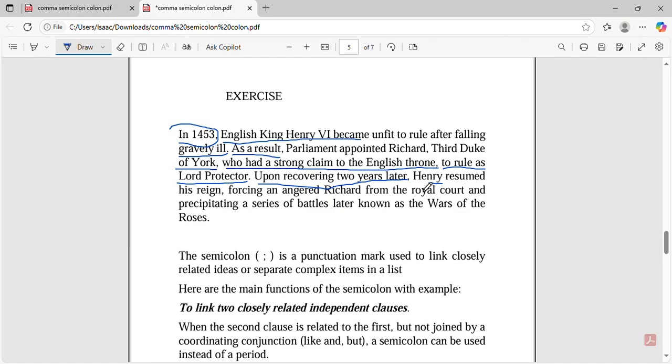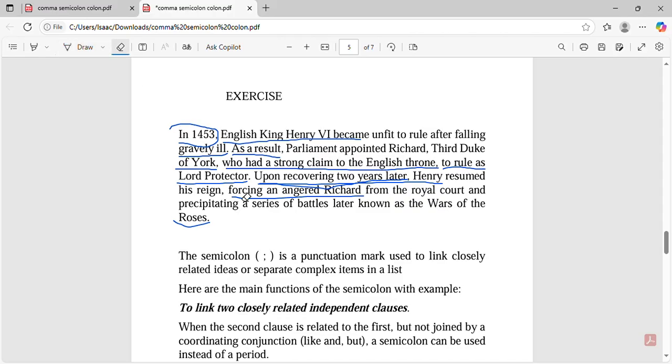So this is the noun, and this is a participial phrase modifying or qualifying Henry, and there has to be a comma here to separate the participial phrase. Upon recovery, 2 years later, Henry resumed his reign. And then we have another supplementary phrase down here, and there has to be a comma to separate the supplementary phrase from the main clause.